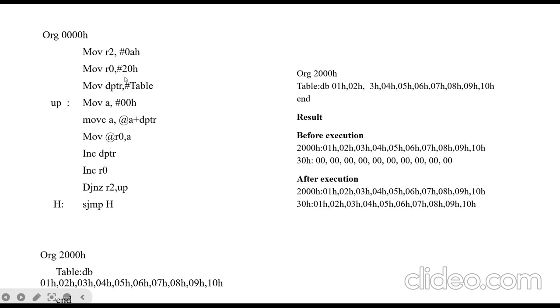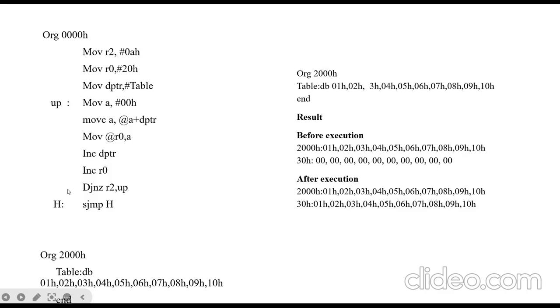Then we have move r0, #20h. It will load the starting address 20h into the register r0, and this is where the table's data will be stored. Then we have move dptr, #table. Here it will load the address of the table, that is 2000h, into the data pointer dptr, and this points to the start of the table.